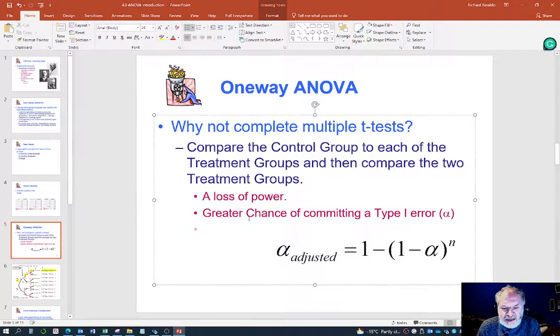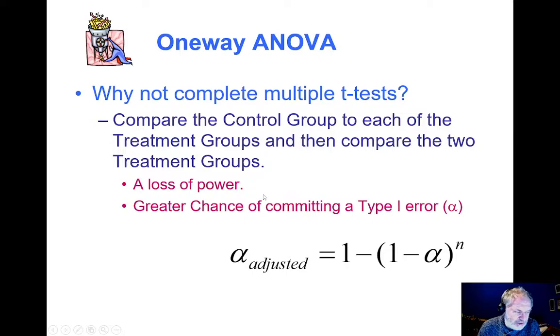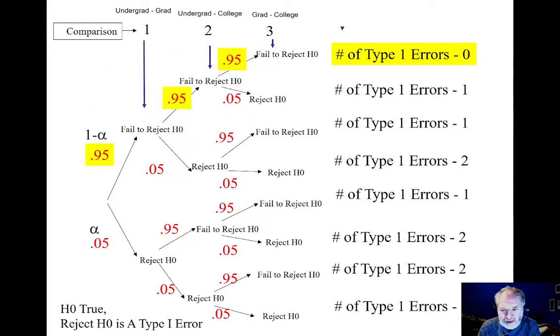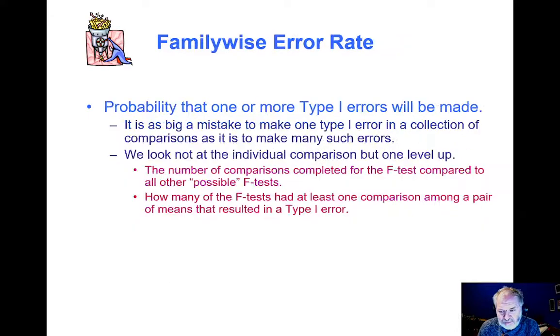So what I need is a solution that allows me to complete my analysis but have a proper adjustment for my alpha. I want my alpha to still be 0.05, and I don't want to run three independent t-tests. So what do we do?